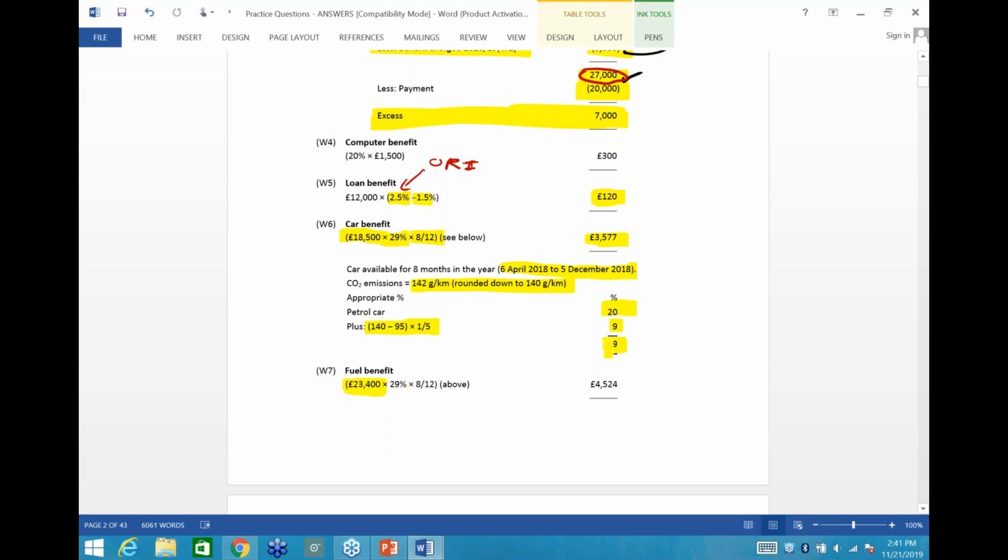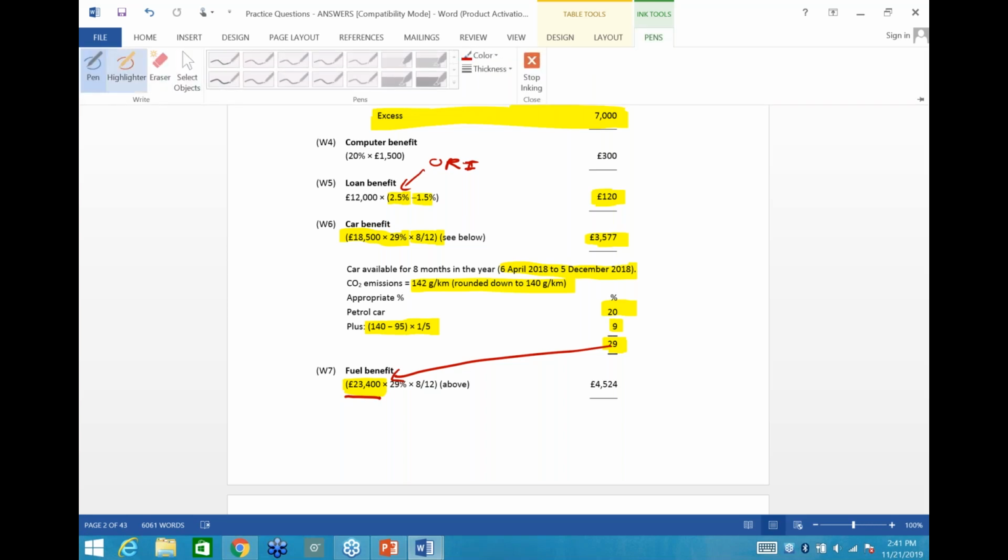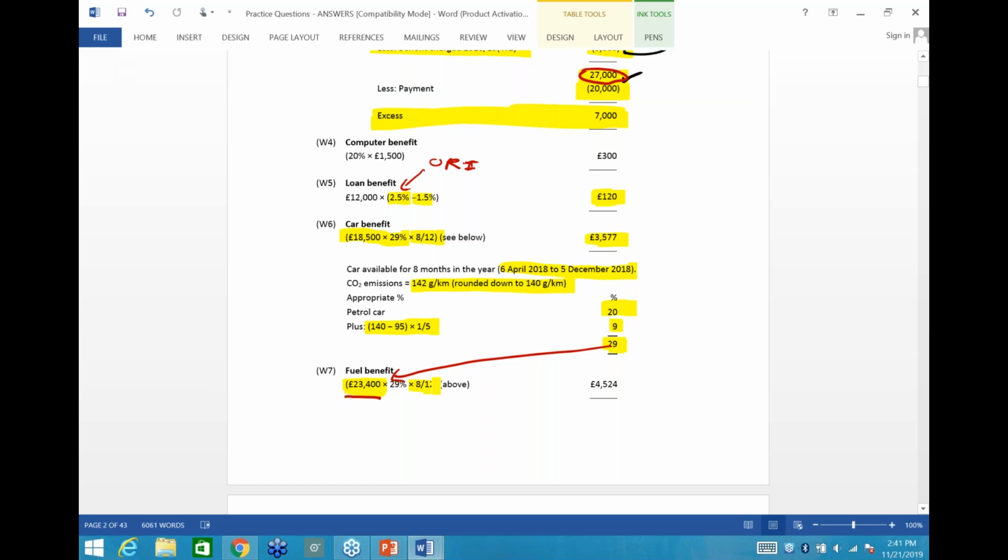So apply the same percentage we calculated here, 29%, on the fixed figure 23,400, and again, this benefit was not provided to you throughout the tax year. It was given to you only for a period of 8 months. Therefore, the benefit must be time apportioned for a period of 8 months, which gives you 4,524.